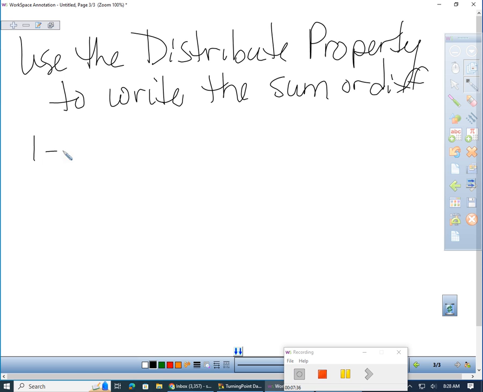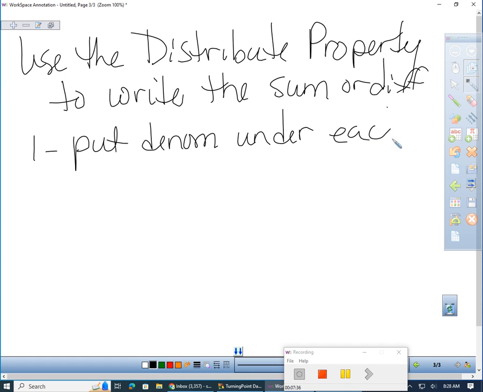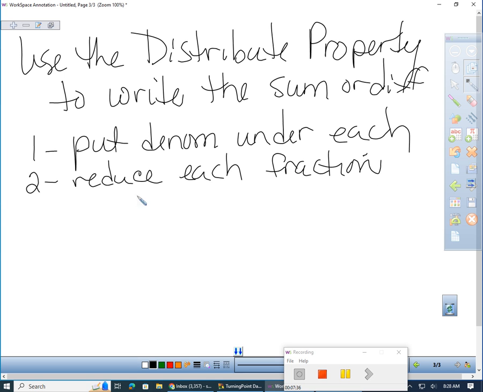Step number 1, put the denominator under each. Step number 2, reduce each fraction if possible.